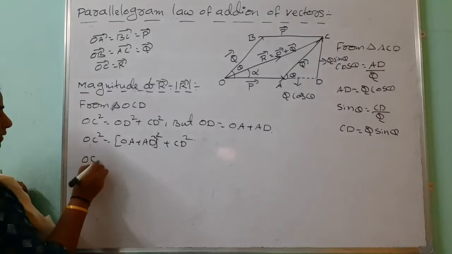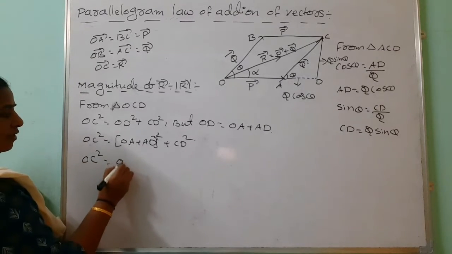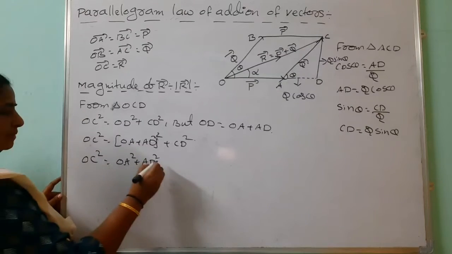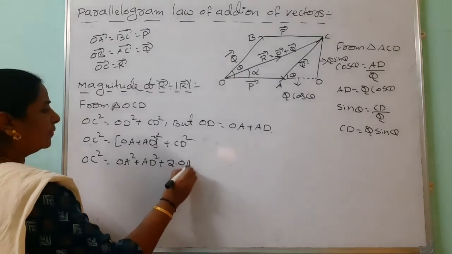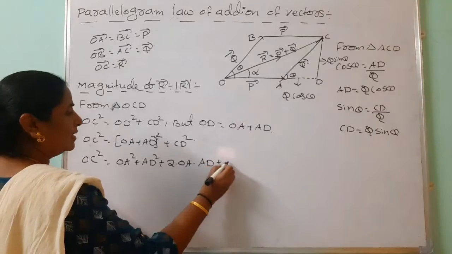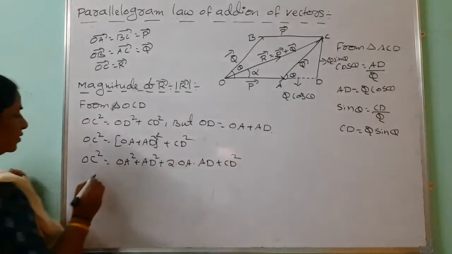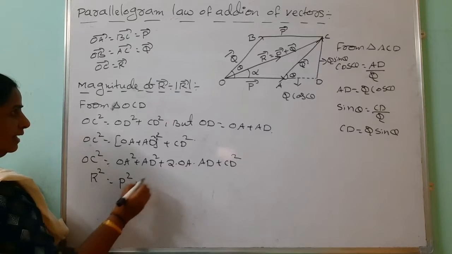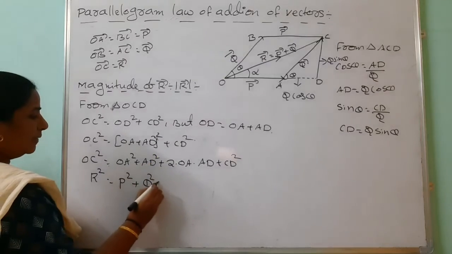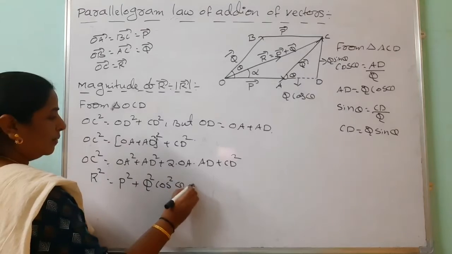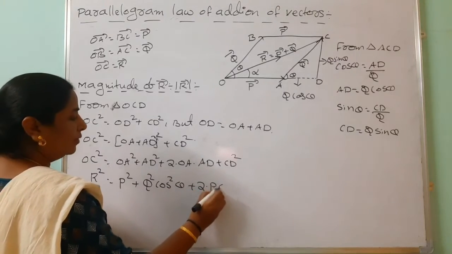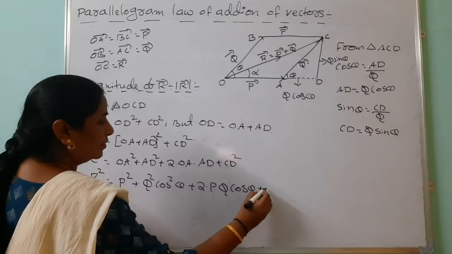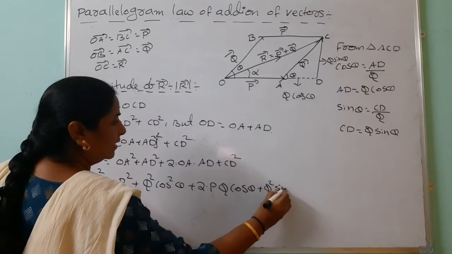Then we use the a plus b whole square formula: OA square plus AD square plus 2 OA AD plus CD square. Instead of OC square we write R square. OA square is P square. AD square is Q square cos square theta, plus 2PQ cos theta. CD square is Q square sin square theta.